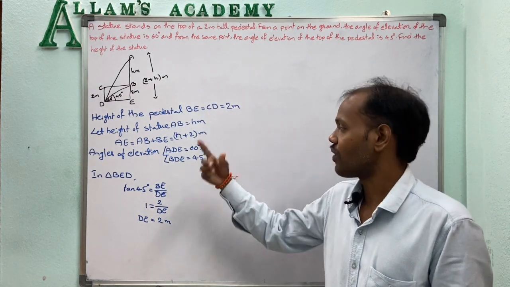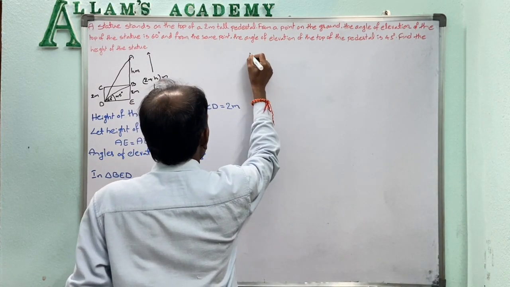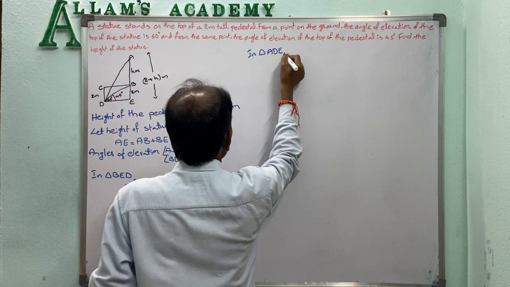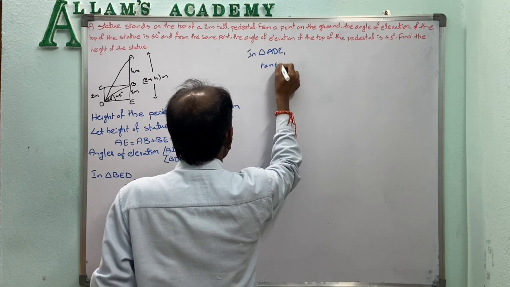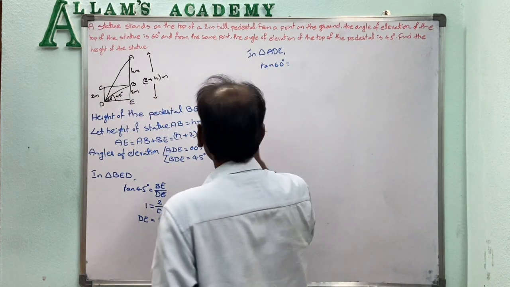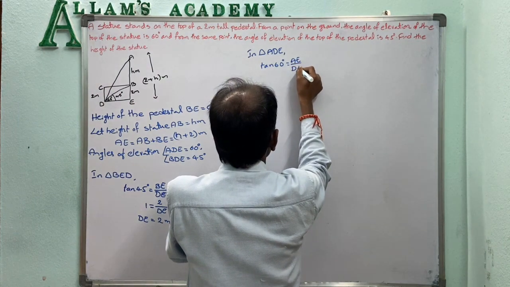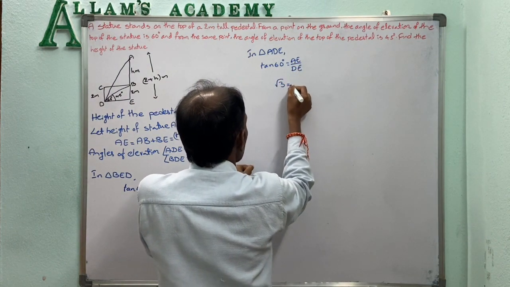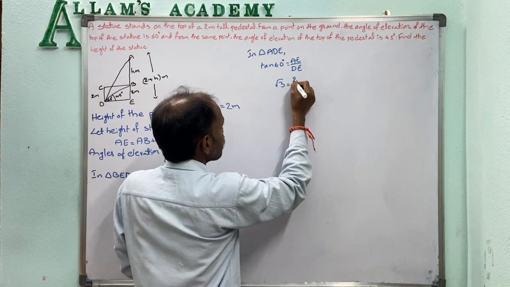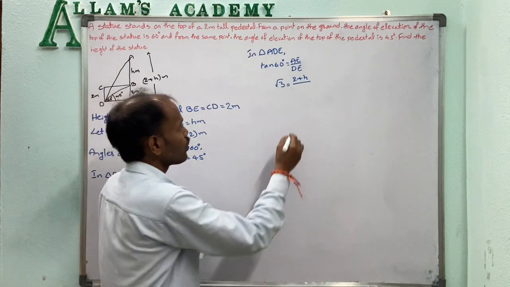So substituting those values in triangle ADE, tan 60 equal to opposite side AE by adjacent side DE. Tan 60 equal to root 3, AE value is 2 plus h, by DE value, here we find 2.